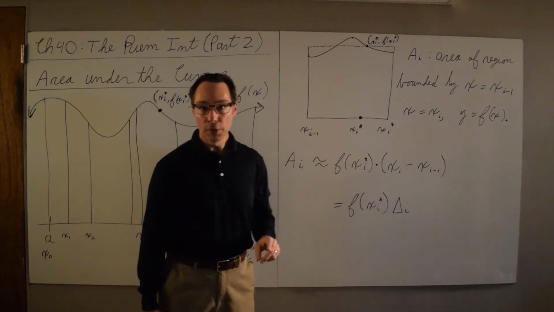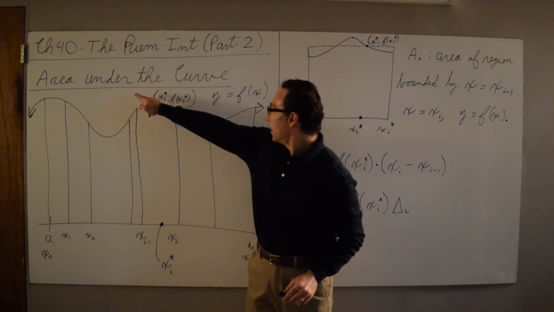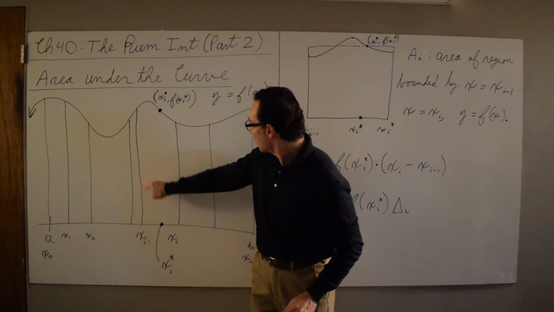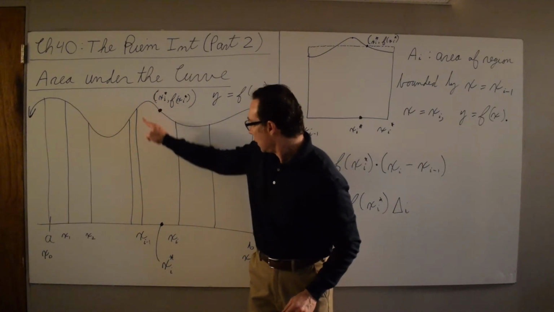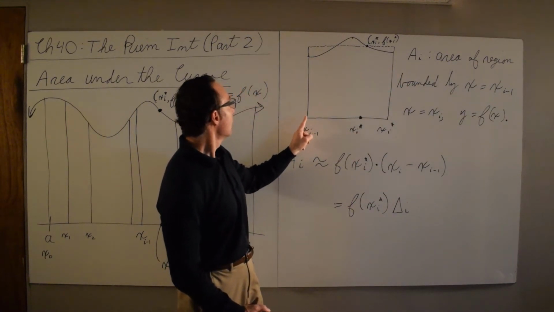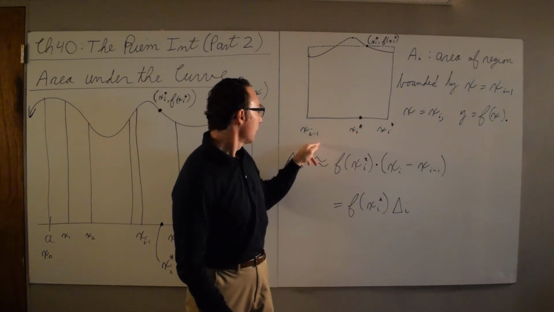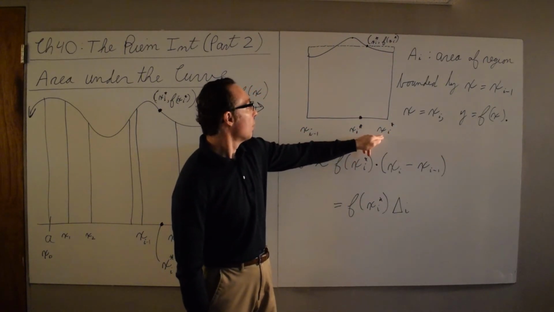And we're interested in two areas. First of all, remember, this is area under the curve. So we're interested in the area of the part here that's under the curve. That's what we're calling A sub i. So A sub i is the part that is under the curve between x sub i minus 1 and x sub i.